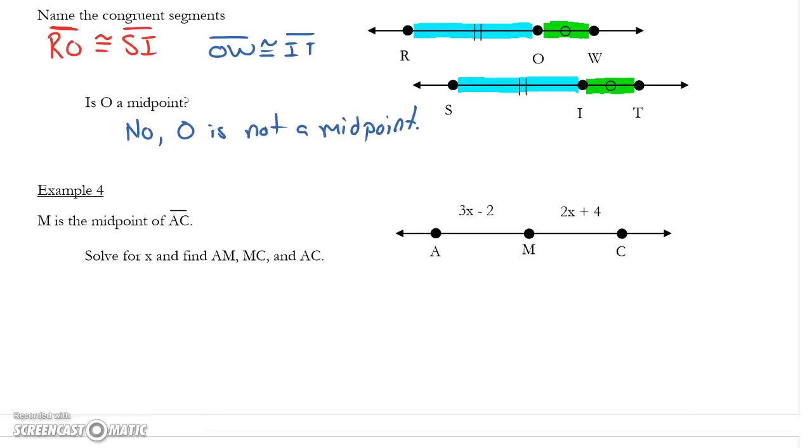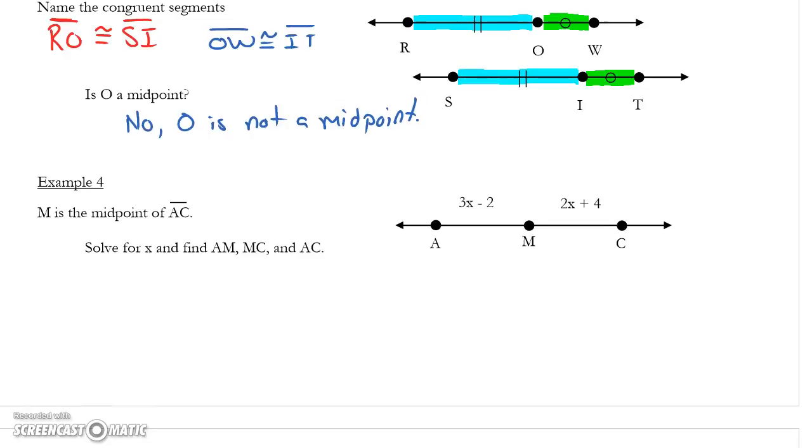The last example on this page is example 4. It's our first algebra example. It says that M is a midpoint of segment AC. I know that those two segments then have the same length. This is not a segment addition problem now. In order for this to be segment addition, I would need to know the length of segment AC, and I don't.